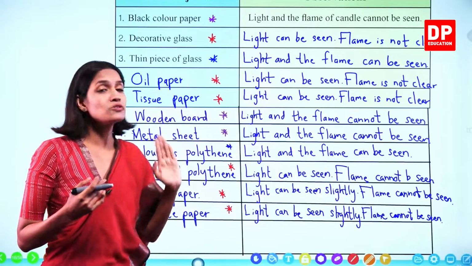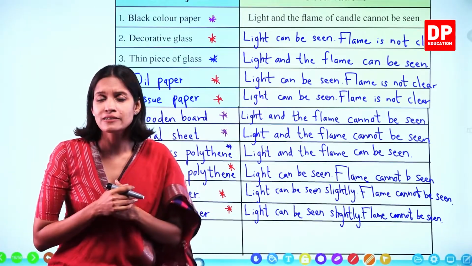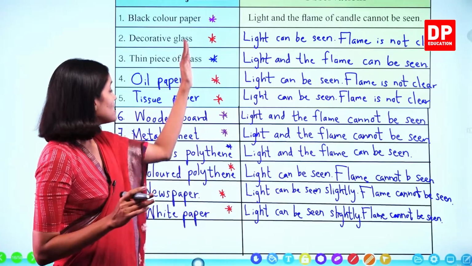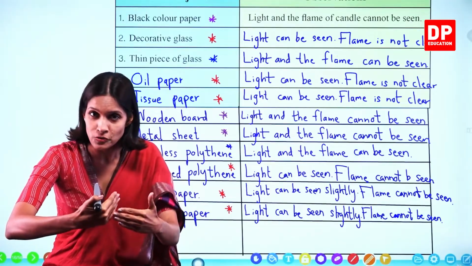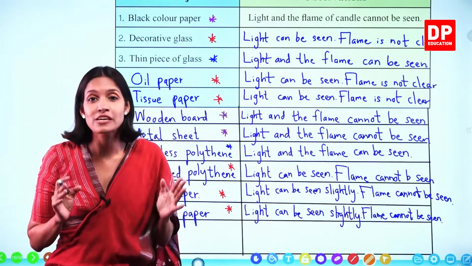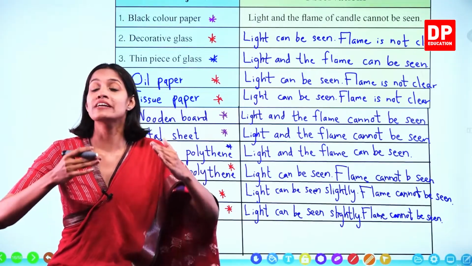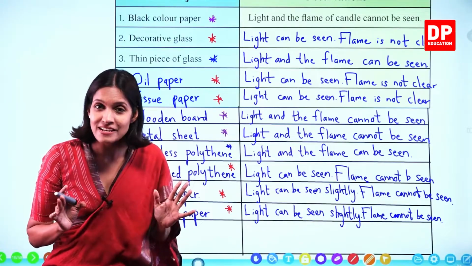So when you look through these type of materials, can we look at the other side clearly? We can't see anything at all. That is because these type of materials don't let light pass through them at all, which means light does not pass through these materials, or light does not travel through these materials. Understand, children?